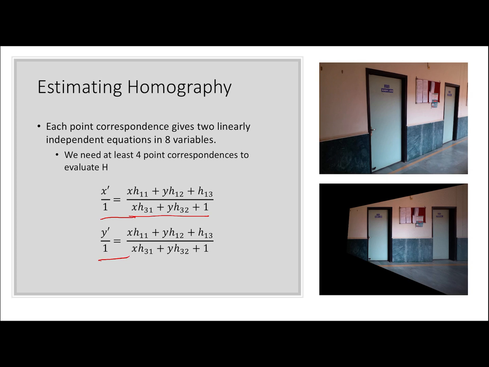Now, since each point correspondence gives two linearly independent equations in 8 variables, we need at least 4 corresponding points to evaluate H. Suppose these are my two images. This is the image, and if I apply projective transformation, I get this image. So to compute this matrix H, I need at least 4 pairs of corresponding points in both the images.